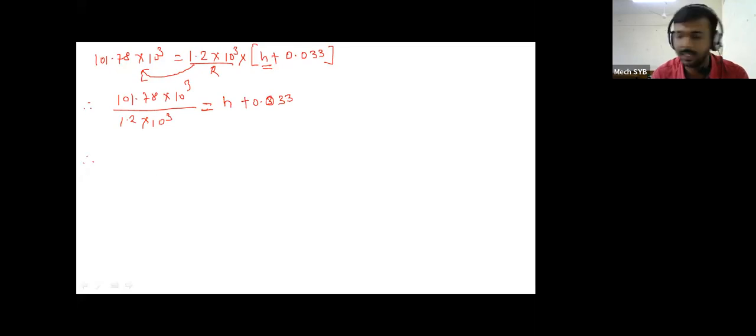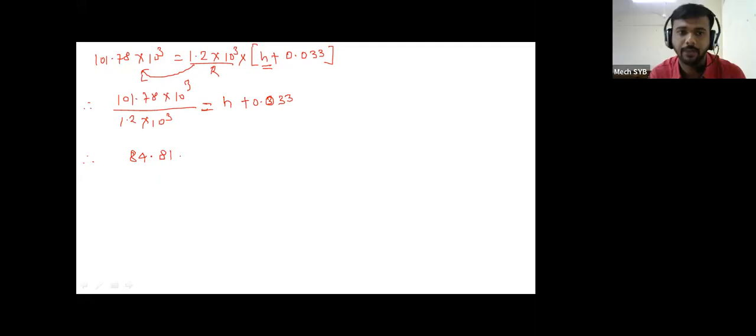So what is this particular answer? 84.82. 84.81 is equal to H plus 0.033. Then we have to calculate the height. So this height I will keep as it is at the right side.